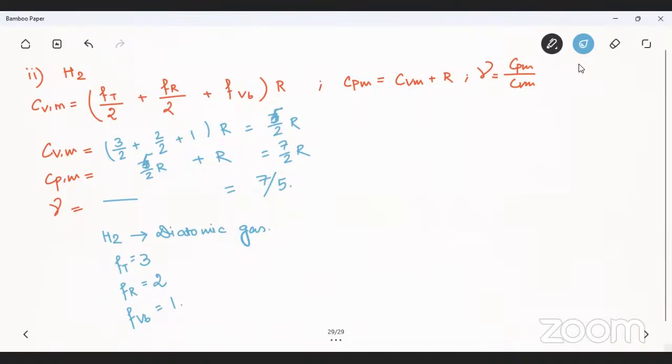Ma'am, CVM is 7 by 2 R only. Yes, you can do it like that. Gamma is 7 by 9, ma'am. Yes, good. For your homework, one more thing I need to tell you: just choose the molecules and practice. That is what you have to do. I'm making a chart.